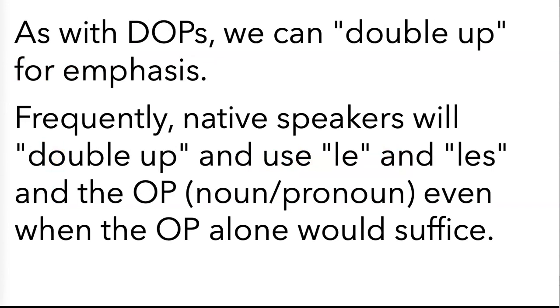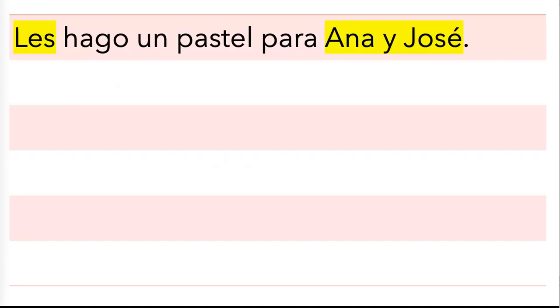And one of the interesting quirks about spoken Spanish is that very frequently native speakers will double up and use le and les even when the object pronoun alone would be good enough. For example, les hago un pastel para Ana y José. You don't need les in this sentence, but native speakers will put it there anyway.